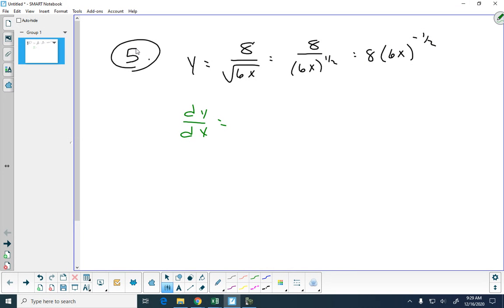Drop your exponent by 1, which would give us negative 3/2, because if I subtract 1 from negative 1/2, I get negative 3/2. But then I need to go inside and take the derivative of the 6x, which would give us just a value of 6.